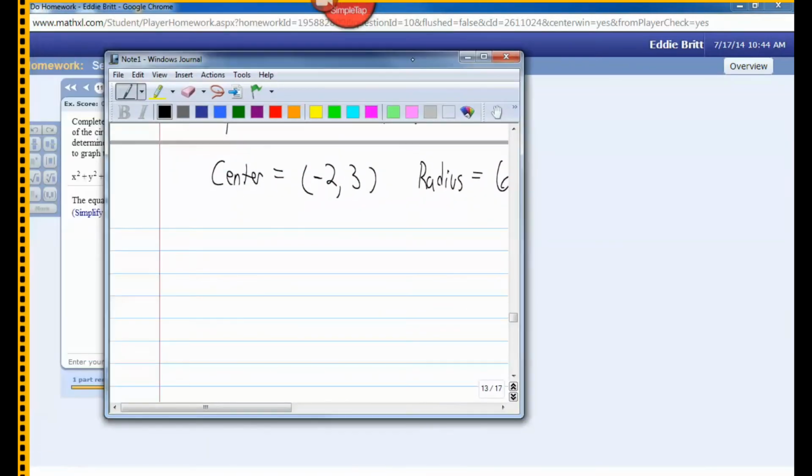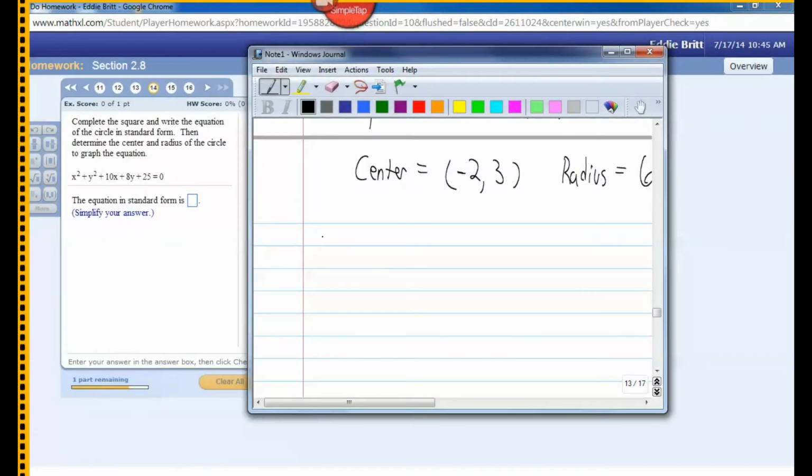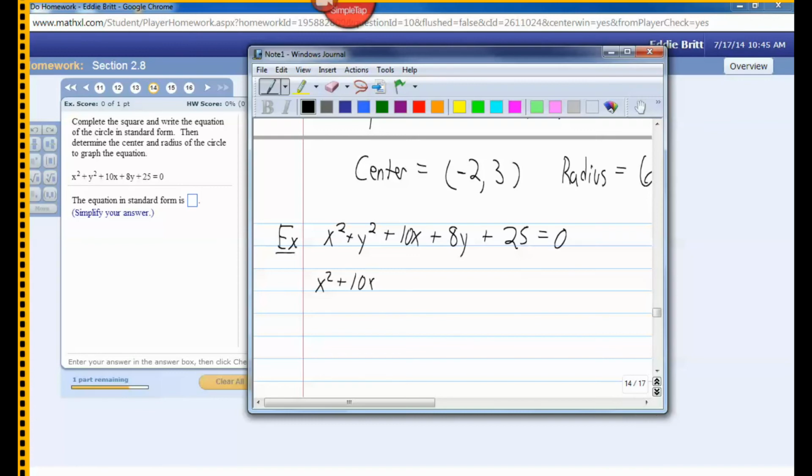So we have the general form. So here's the general form of the equation of the circle. So group up the x terms and put a plus blank.